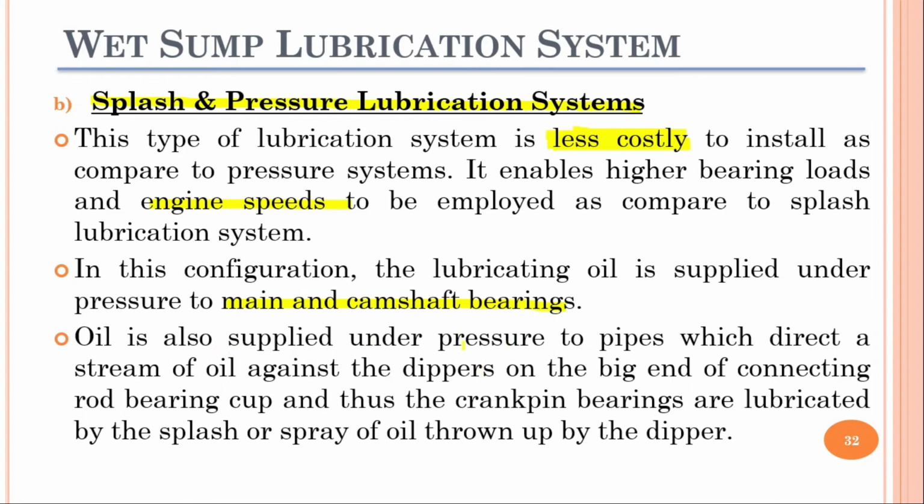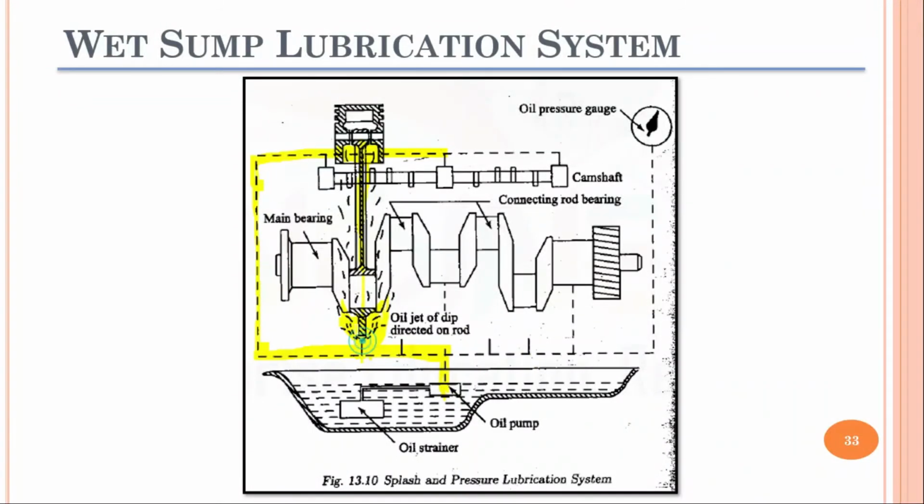Oil is also supplied under pressure to pipes which direct a stream of oil against the dippers on the big end bearing, and then this lubrication oil, after it is being sprayed here to the dipper, will splash and will move upward for the lubrication of the essential parts, let's say between the cylinder walls and the piston.